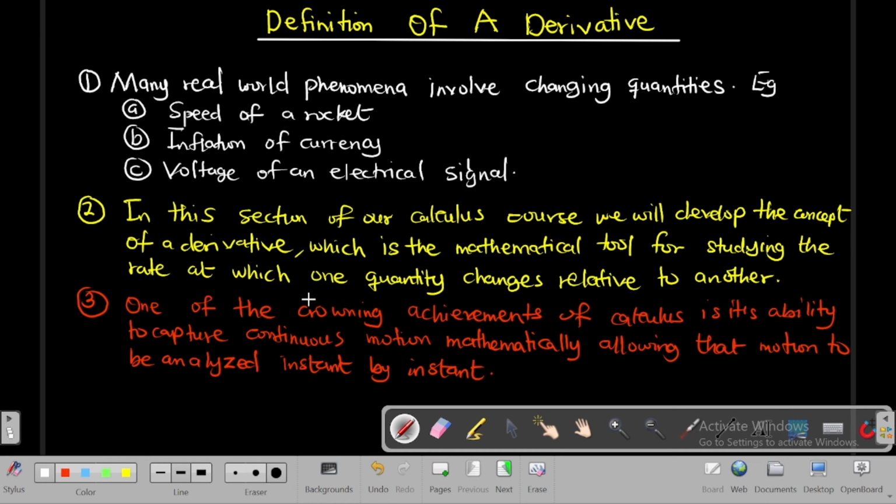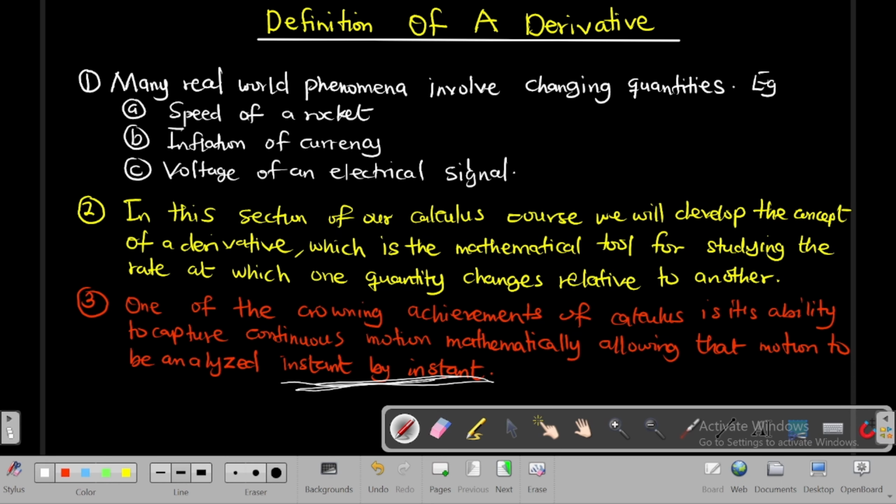Now, one of the crowning achievements of calculus is its ability to capture continuous motion mathematically, allowing that motion to be analyzed instant by instant. This is a very important keyword, instant by instant. For example, when you look at the speed of a rocket, you realize that the speed will change as it is in continuous motion.